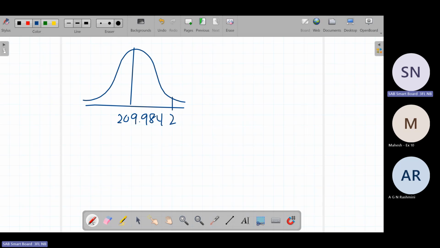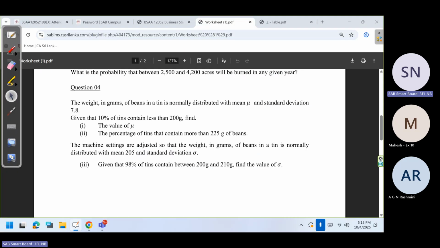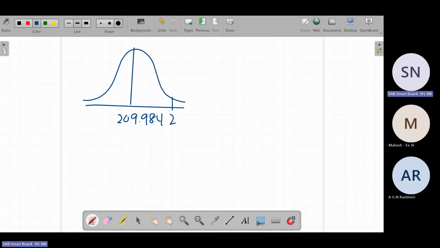Okay, then first you calculate the Z value. 1.93.